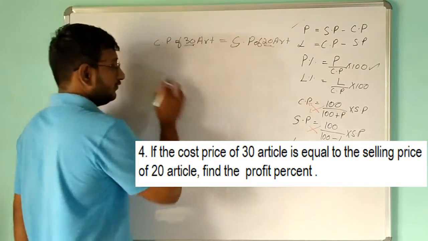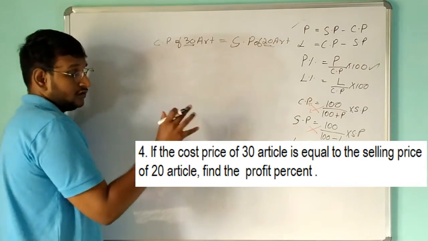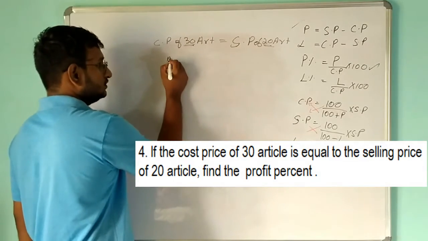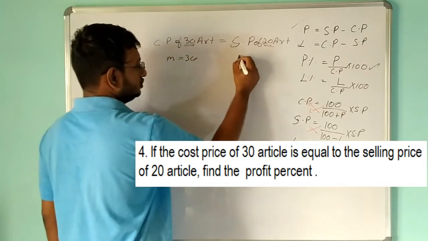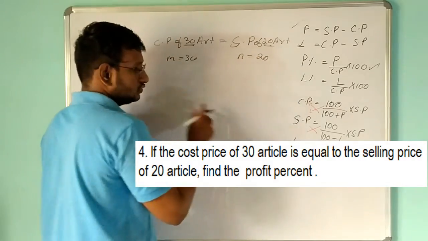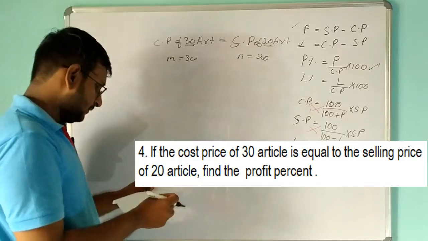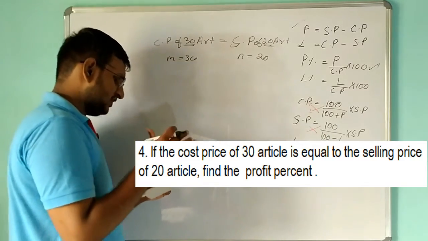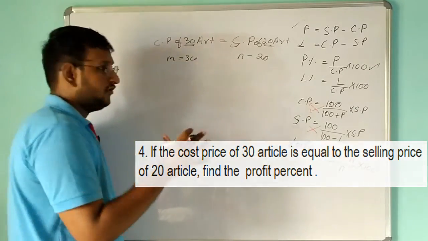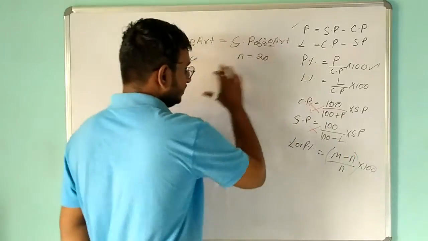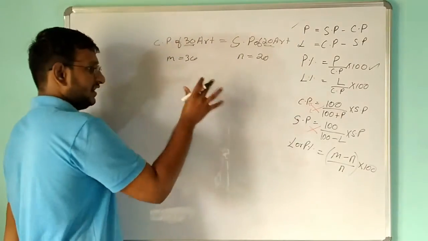So if we want to directly substitute in this particular formula, then m is equal to 30 and n is equal to 20, right? They are asking us to find the profit percentage. So we just need to apply these two in this particular formula and we can get the answer.